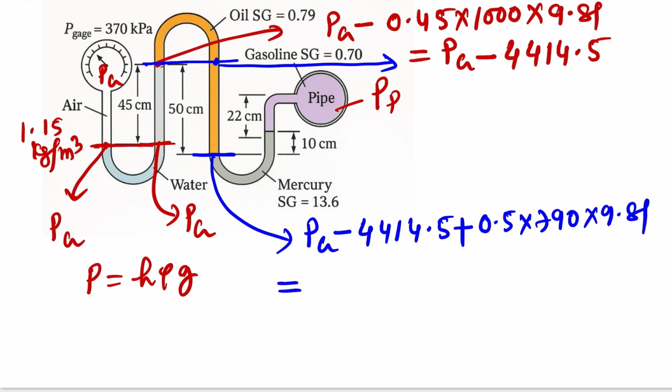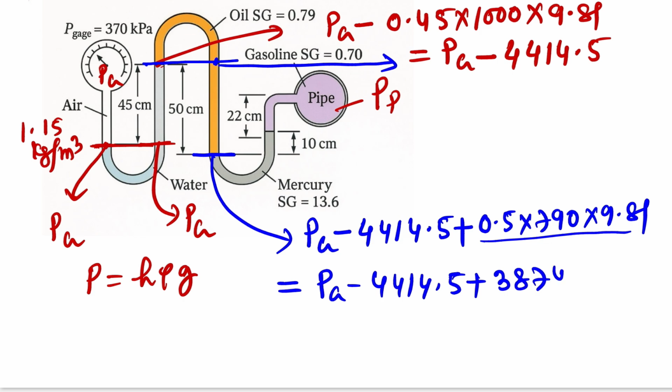Now if I do the calculation, PG minus 4414.5 plus 3874.5. So the pressure will be PG minus 539.55.